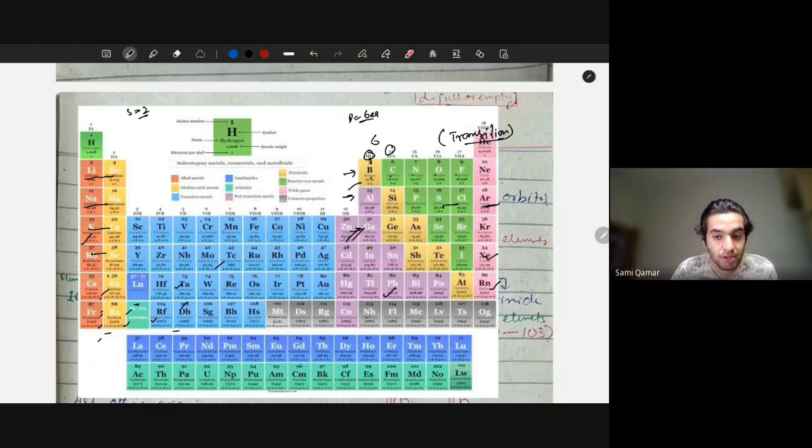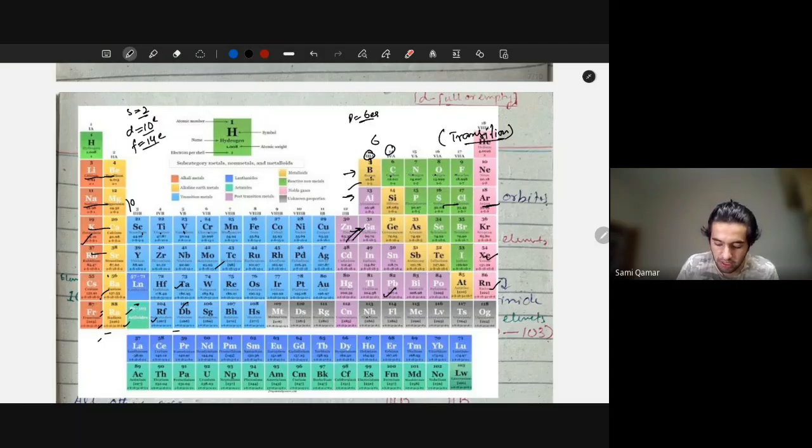Now let's talk about D subshell. D subshell accommodates how many electrons? 10 electrons. So each D series has 10 elements: 1, 2, 3, 4, 5, 6, 7, 8, 9, 10. And now the lanthanide and actinide series. F subshell accommodates 14 electrons, right?